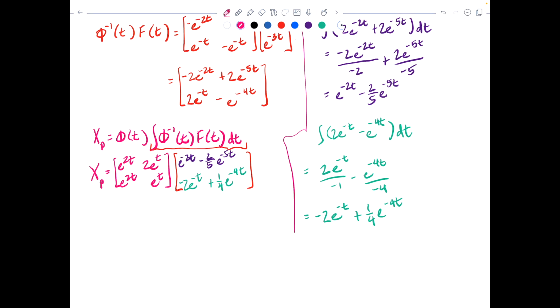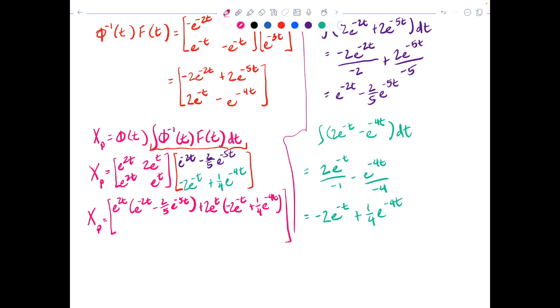So xp will be equal to, it's a little more complicated of a multiplication, so I'll write more steps. e to the 2t times the quantity e to the negative 2t minus 2/5 e to the negative 5t, and then plus 2e to the t times the quantity, the green part, negative 2e to the negative t plus 1/4 e to the negative 4t.